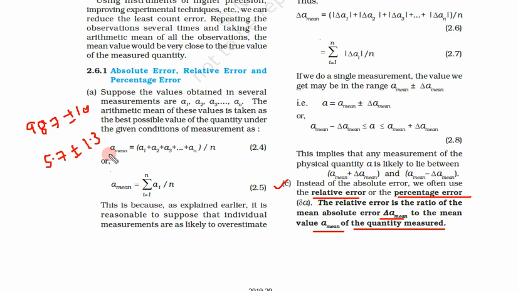So if somebody asks you what the error is, you will say plus minus 10 here, and here you will say plus minus 1.3. So the problem with absolute error is that here the error looks very big. But if you see that the quantity itself is very big, this error is very small in comparison to this quantity, around 1%.